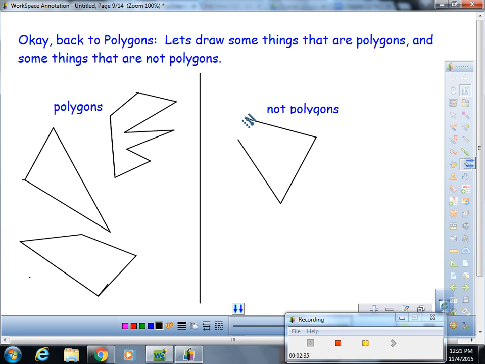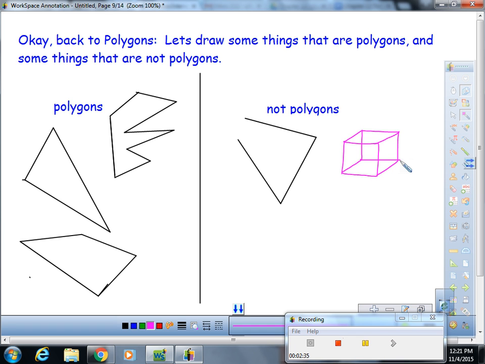Not a polygon. Well, hold on. That's made of segments, and they only intersect at its vertices, but this is not closed. That is not closed. Not a polygon. It is made of polygons. There are 6 polygons there, but that itself is not a polygon.